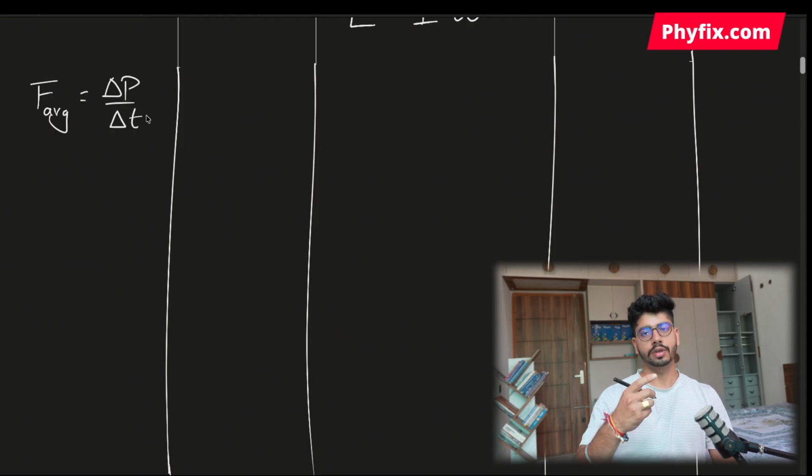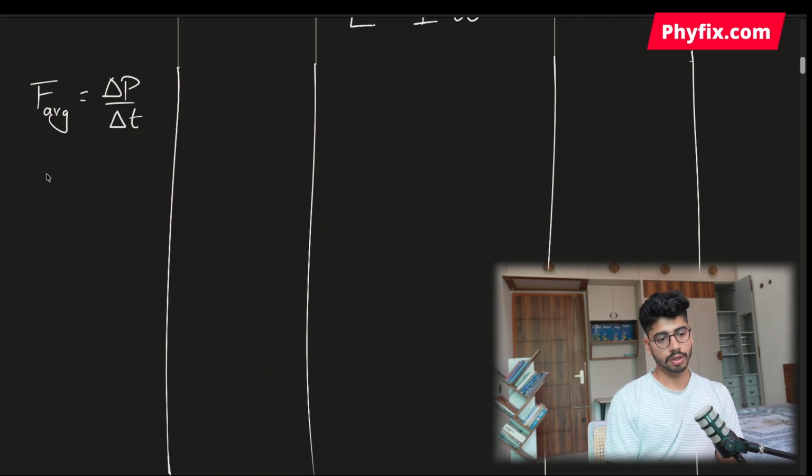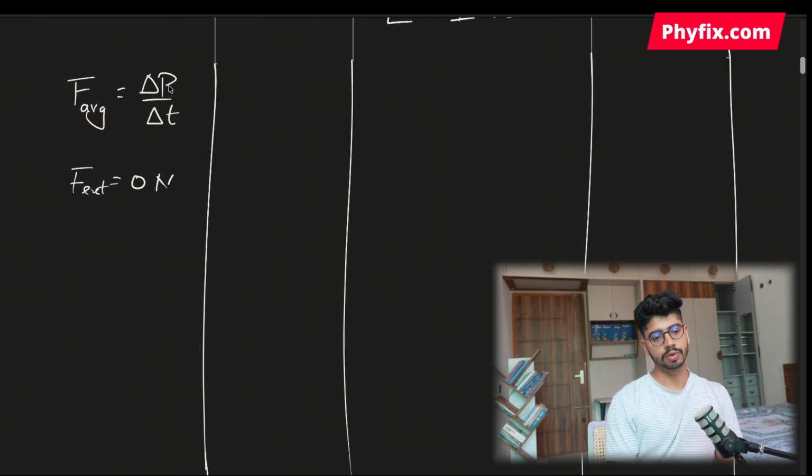Right now, we defined the force, on average, as depending upon the rate of change of linear momentum. So how much the linear momentum changes is the rate of change of that. If the external force acting is zero, so there is no external force, then the rate of change of momentum is zero. So it means the change in momentum is zero.